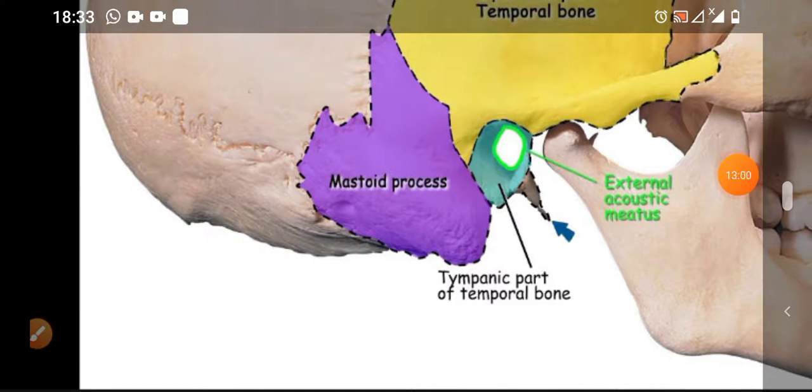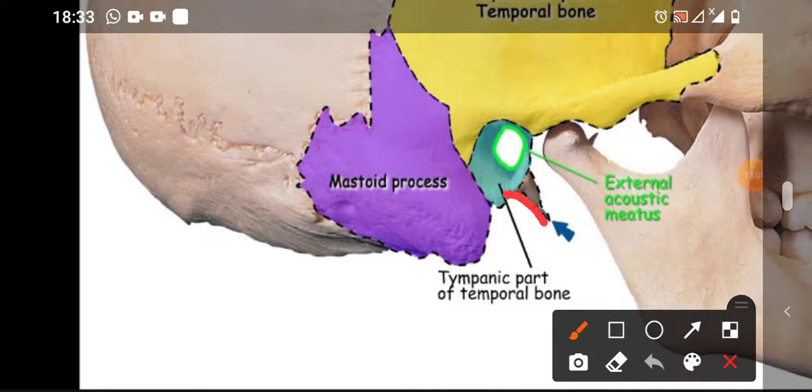The last process is the styloid process. This is basically a needle-like, thin and long projection of the temporal bone, projecting downward, and its apex is hidden behind the ramus.